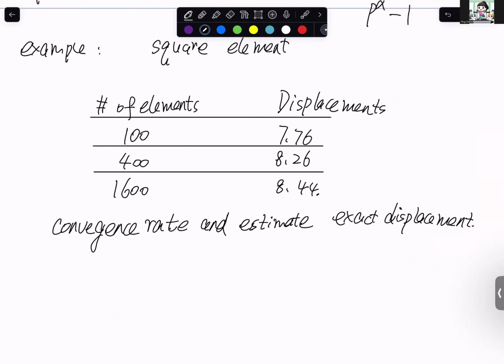How to calculate the convergence rate, how to calculate the exact displacement?